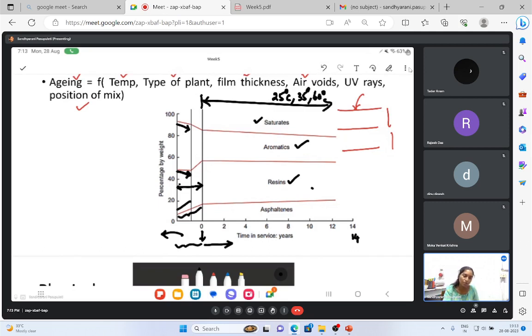So these are the probable temperatures. At these temperatures, the change in SARA fractions is not that significant. So before service only, you can see the increase in the asphaltenes and the decrease in the saturates and aromatics. Sometimes you can also see an increase in the aromatics and resins, because whatever decrease in the saturates is converted into aromatics and resins.